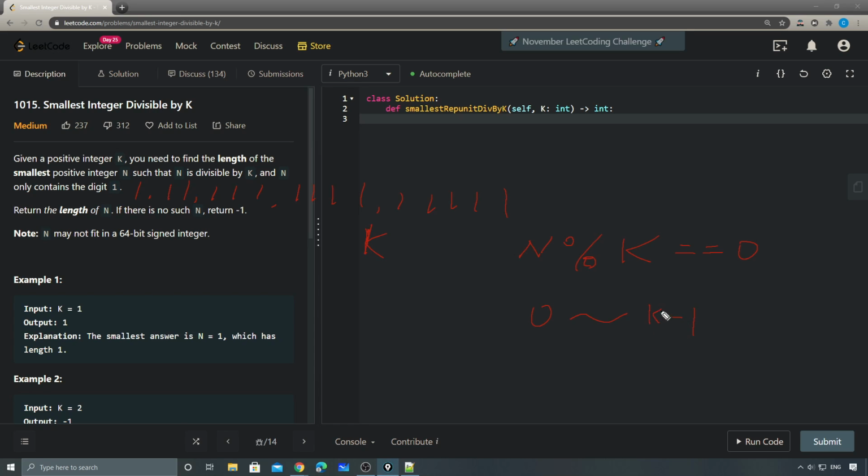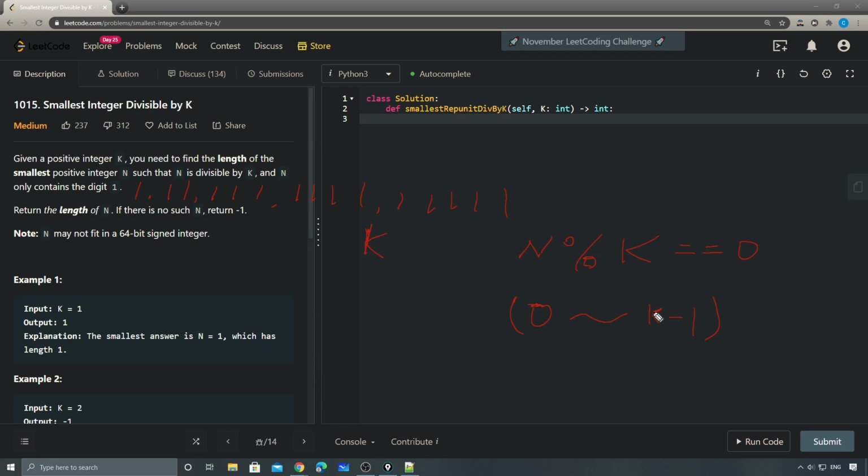That's the total number of possible remainders after doing mod k. That's why within this range, if we haven't seen a zero, then it means we will never find an n here.